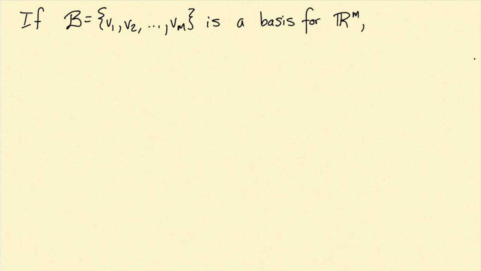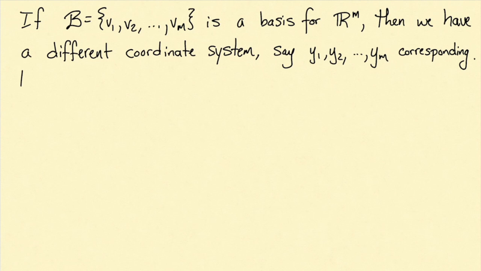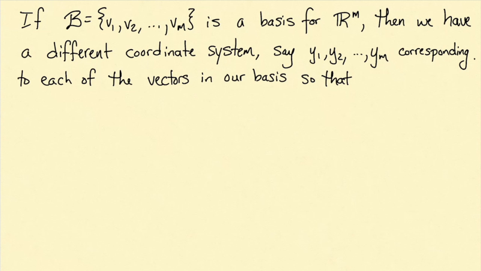So if script B, a set consisting of vectors v1, v2 through vm, forms a basis for R^m, then we have a different coordinate system, say y1, y2 through ym, corresponding to each of the vectors in our basis, so that we can write a point in R^m as the ordered m-tuple (y1, y2, ..., ym), which we subscript with a B to indicate that this is the representation in terms of our basis with elements v1, v2 through vm.